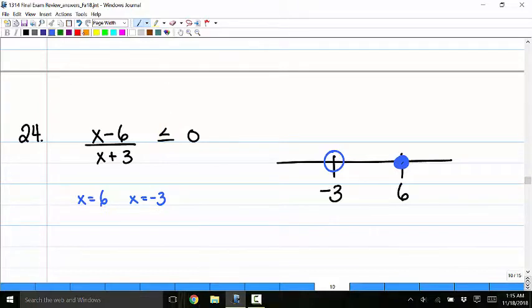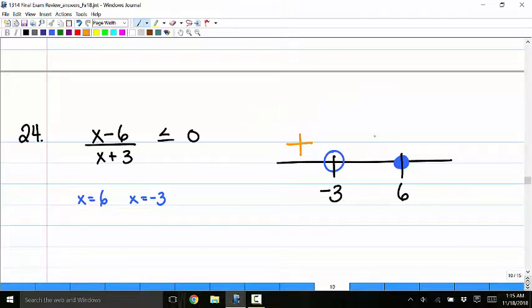Okay, we have to go find our pluses and minuses. If I plug in, say, x = -10: (-10 - 6)/(-10 + 3) gives me -16/-7, which is a positive number.